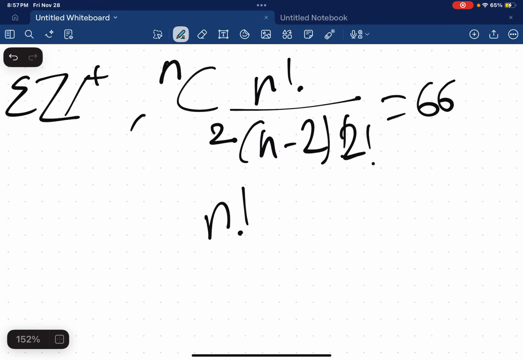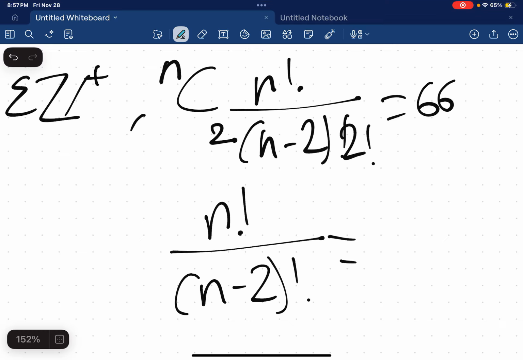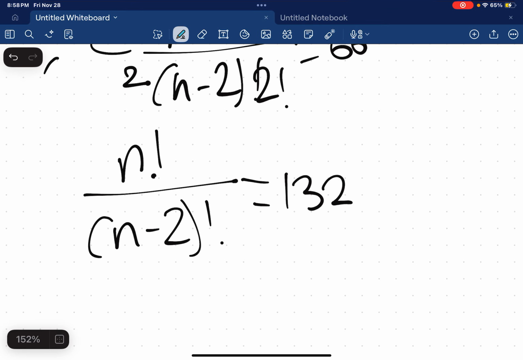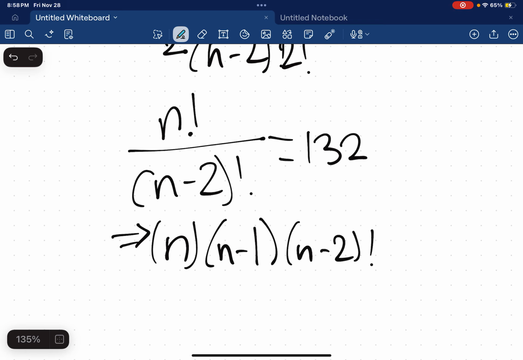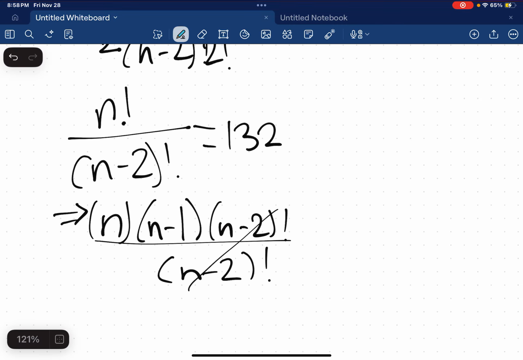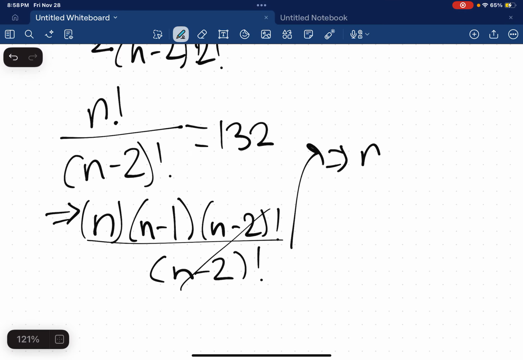You know that n factorial over (n minus 2) factorial is going to be equal to 132. And n factorial is going to be equal to n times (n minus 1) times (n minus 2) factorial. Those cancel out. So then that means n times (n minus 1) is equal to 132.